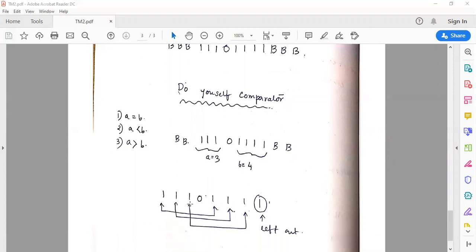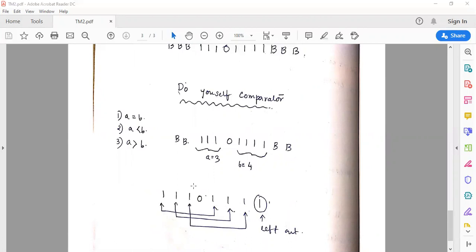Now we are actually going to compare the ones: the first one with the first one that we get after 0, the second one with the second one after 0, and the third one with the third one after 0. After doing this comparison, we'll see that one 1 on the right hand side is left out, and since this is left out, we can conclude that the second number is larger than the first number.